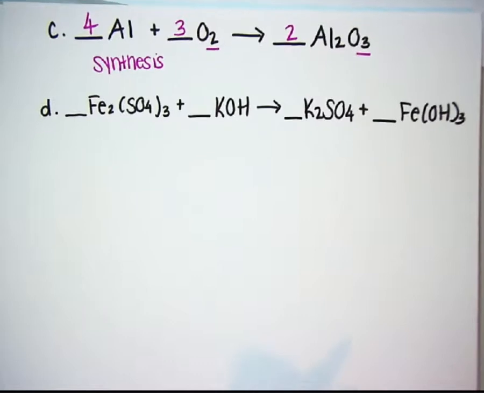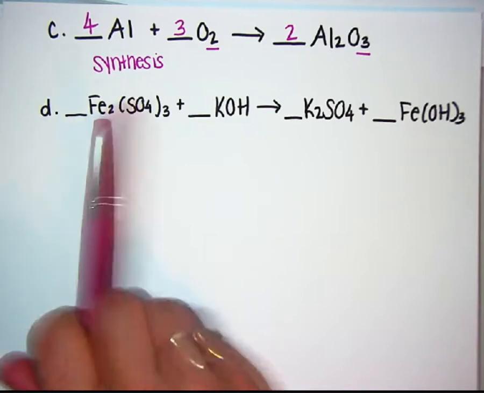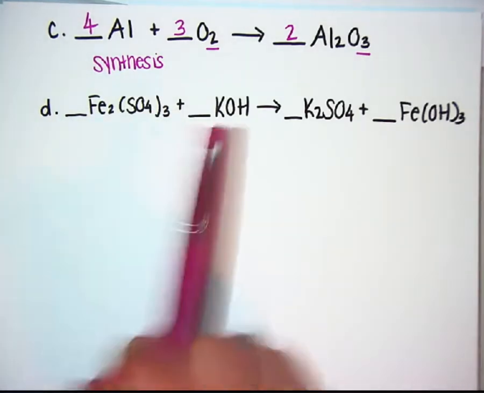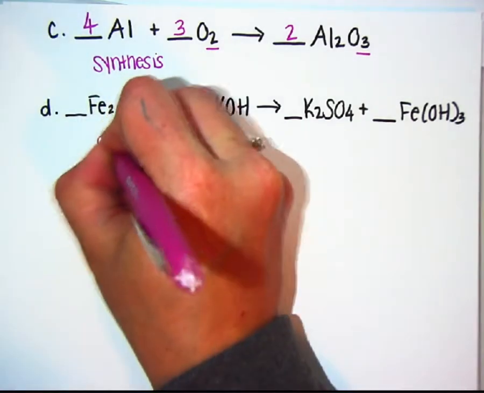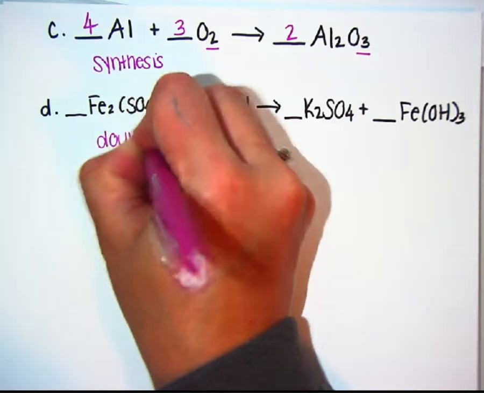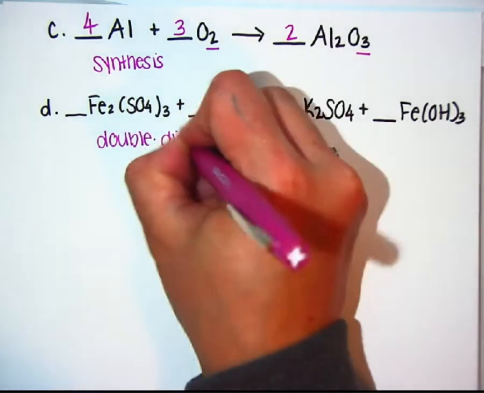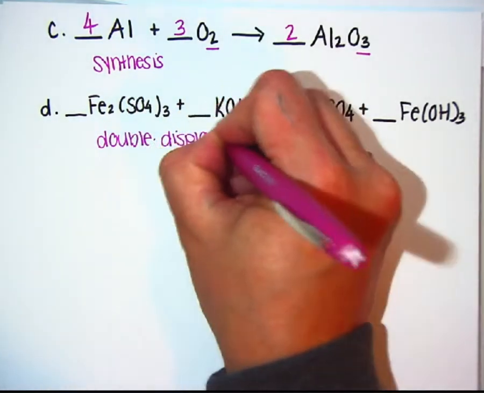So first, let's start by classifying it. Iron 3 sulfate, ionic compound. Potassium hydroxide, ionic compound. 2 ionic compounds. So this reaction would be double displacement.